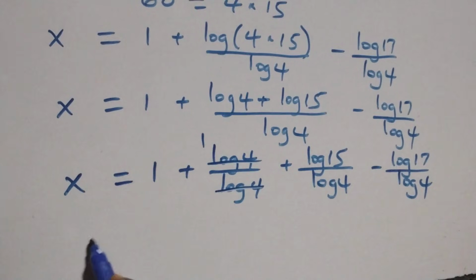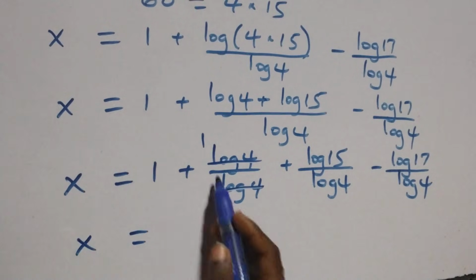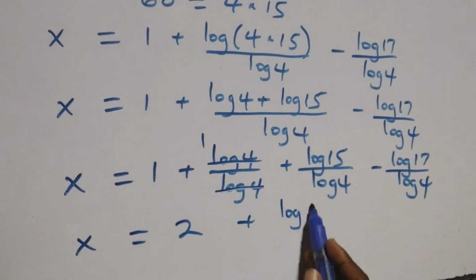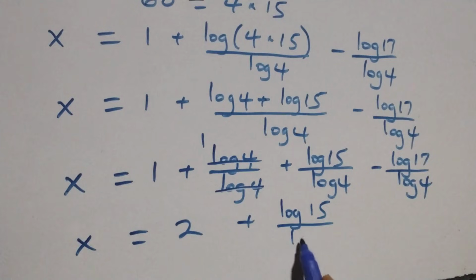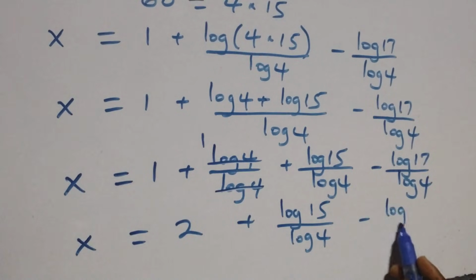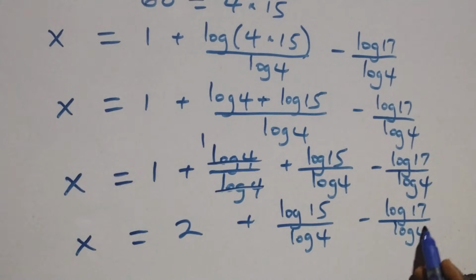We have 1 left. This is x equals 1 plus 1, that's 2, plus log 15 over log 4 minus log 17 over log 4.